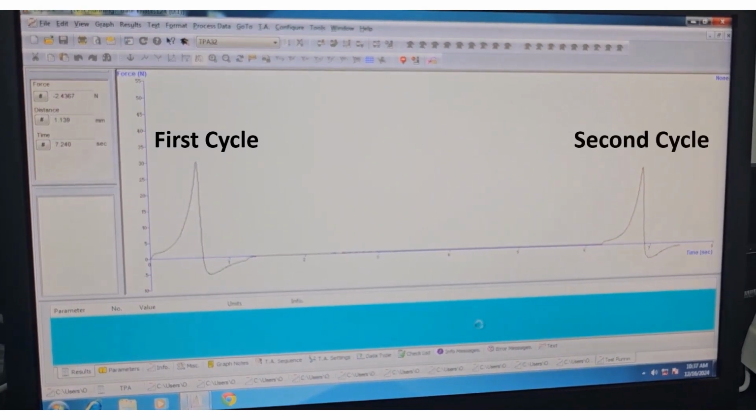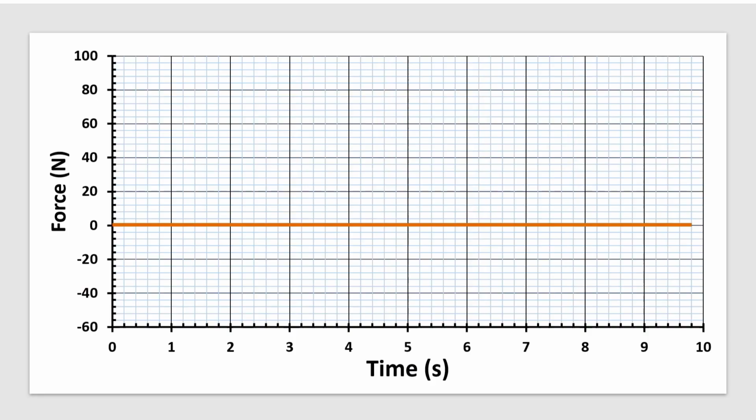We need to use this TPA graph to determine different TPA textural parameters to characterize the sample. These characteristics could also be related to the sensory texture measurement by test panel. Interpretation of the TPA graph needs to be understood, and it is important to define the instrumental textural attributes.